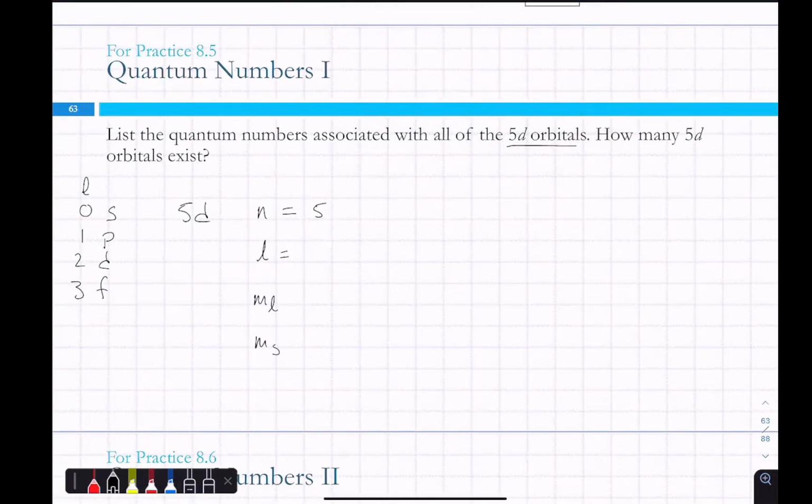So yeah, l here would be 2, because l equals 2 is the d. So then how many m sub l quantum numbers do we have? 5 total, yeah. And they'll be -2, -1, 0, +1, +2.